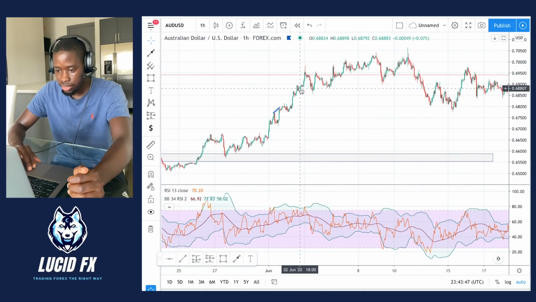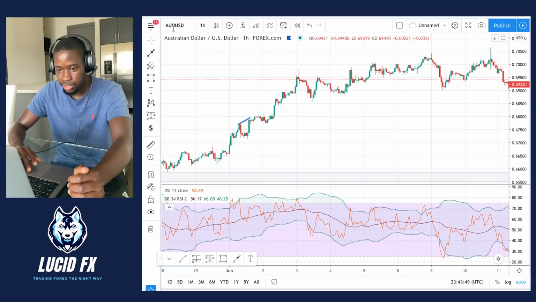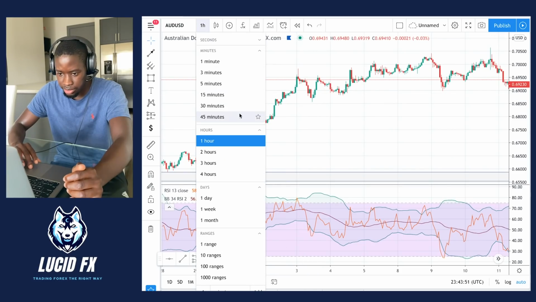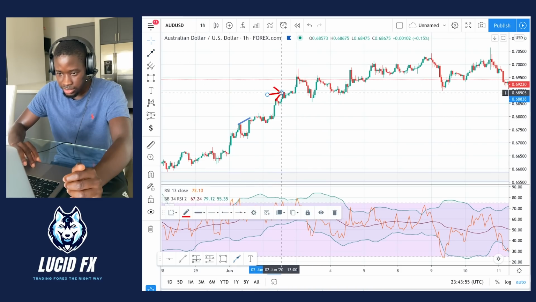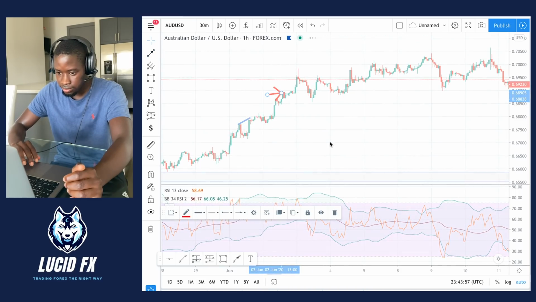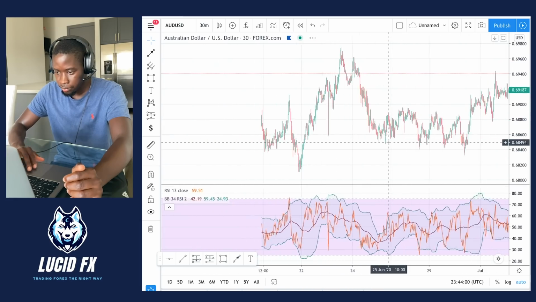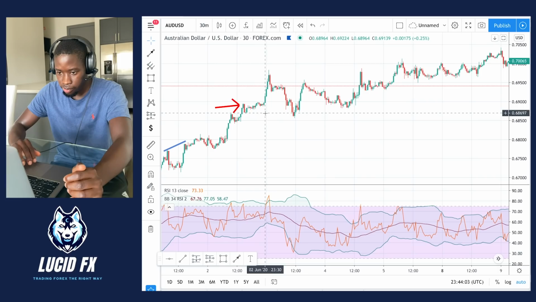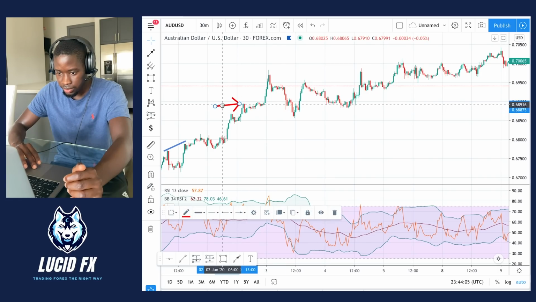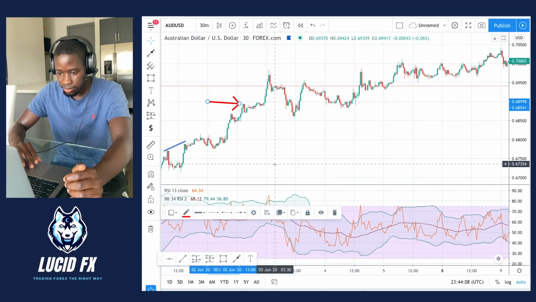And there was another divergence trade I took again here on the 30 minute time frame. Let me mark it up before I lose the position. Right here on the 30 minute time frame, I took this trade as well as a divergence entry.